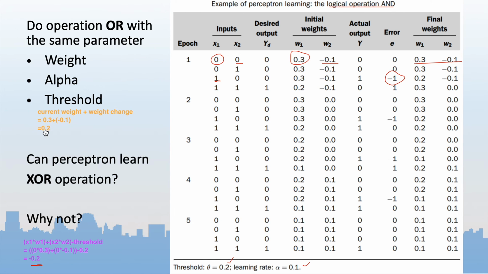So this 0.2 will become the final weight for weight 1.